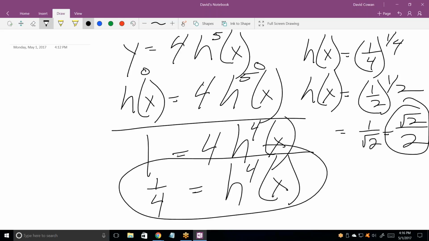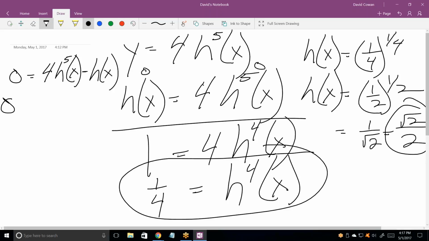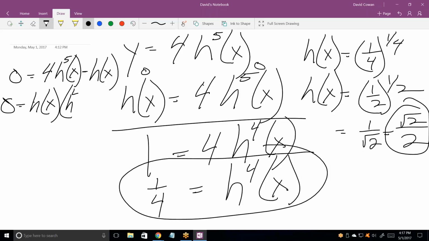Well, here's the way I should have done it. I should have subtracted h of x from both sides. So I get this as my next step. And now if I factor out an h of x, I will get h to the 4th of x minus 1.